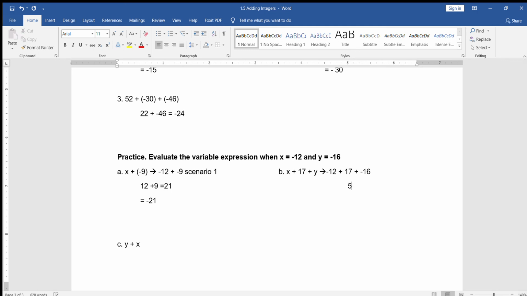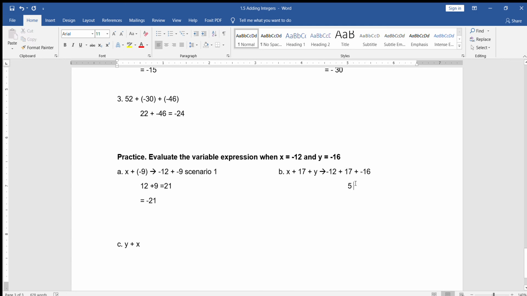What is the sign of 5? Which one's larger, negative 12 or 17? I'm talking about absolute value just in case you didn't get it. What's the larger absolute value, negative 12 or 17? Well, it's 17, so it's positive. So our answer is positive.